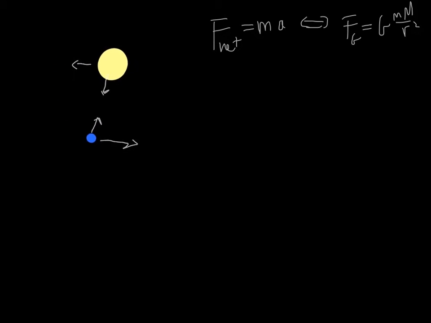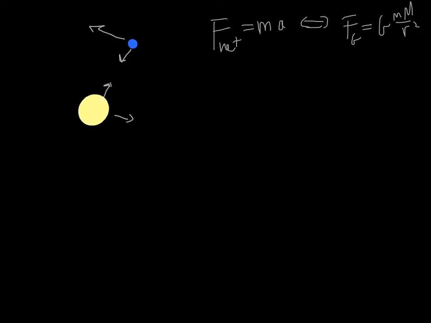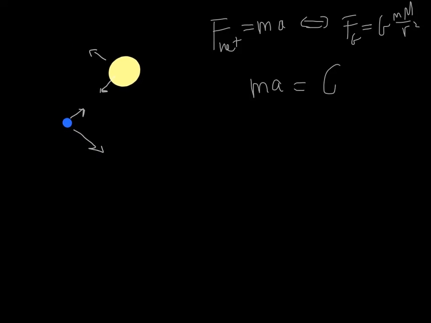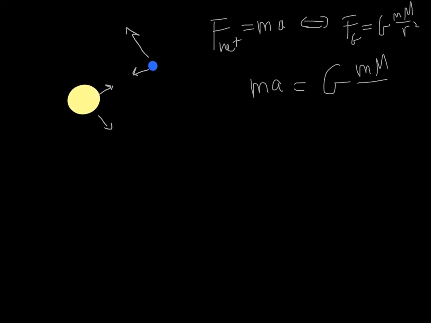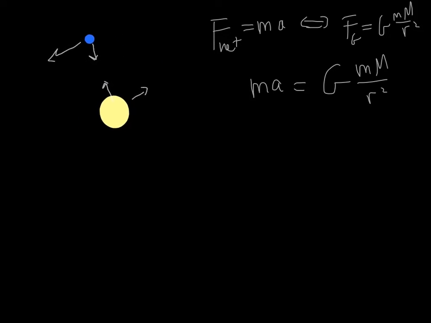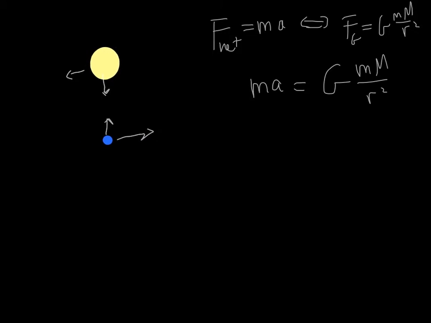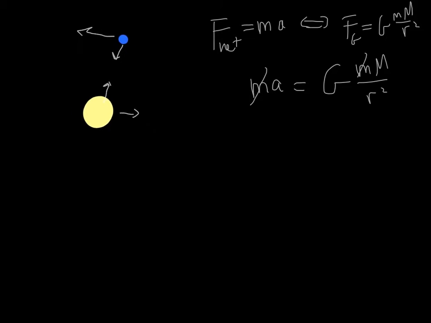And we say that, well, if the only force that's acting is the gravitational force, that means that the mass times the acceleration has to be equal to the gravitational force, which has to do with the masses and their positions. Now, the interesting thing about that is that you'll notice that the mass of the planet actually cancels out. It doesn't matter at all.